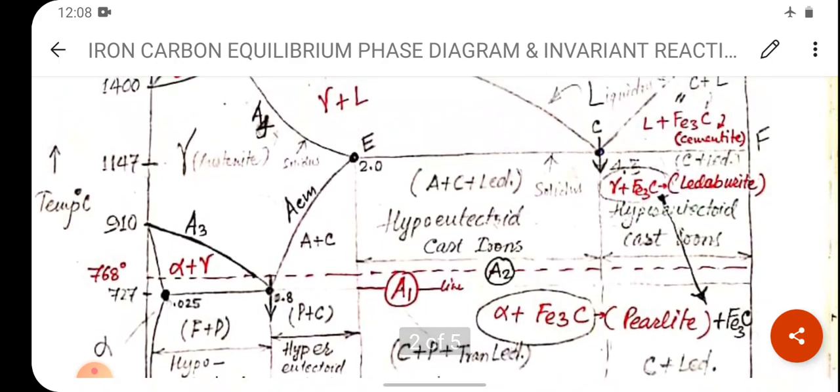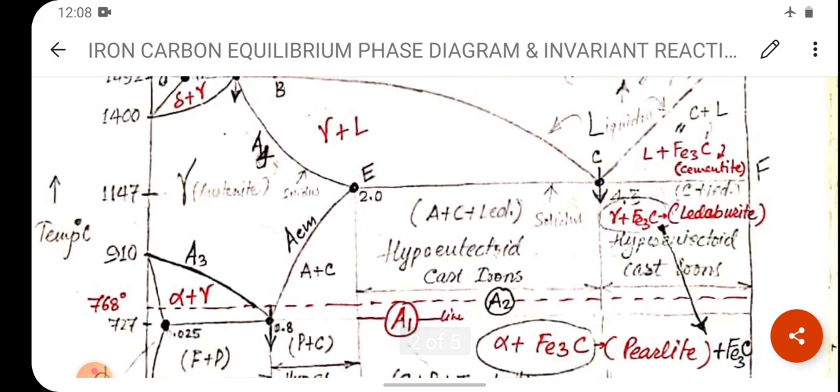Clear? So I'm moving in upward direction again, where A is representing austenite and C is representing cementite, that is alpha plus cementite in the curved region 2% to 0.8%. In the triangle being formed in the curved region, alpha plus cementite is present here.